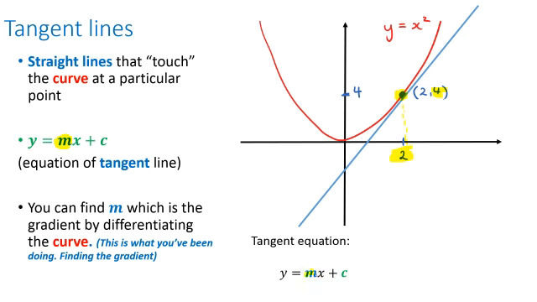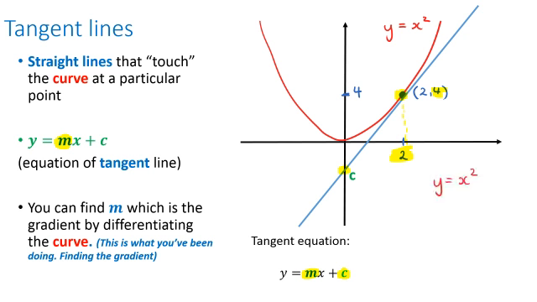So if I found out m right now, it's just by differentiating the curve, y equals x squared. And notice that the straight line equation also cuts the y-axis, which is your c value, and that's the y-intercept of your straight line. Okay, so let's find out m.